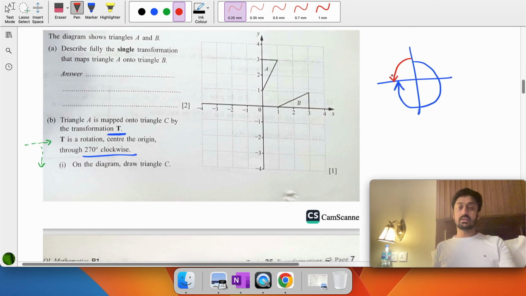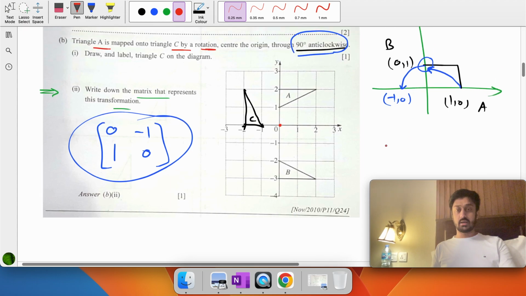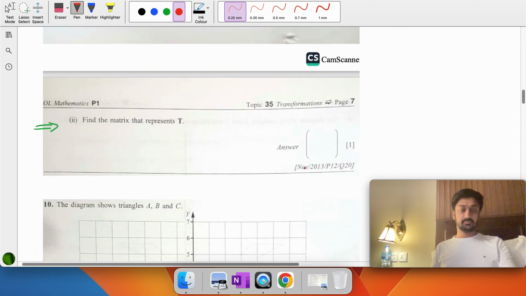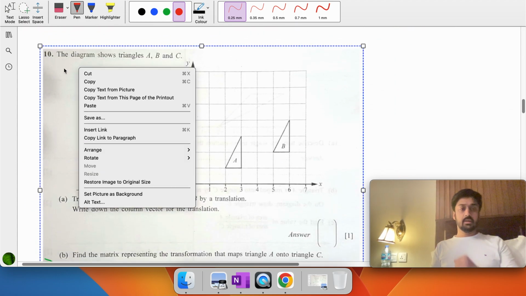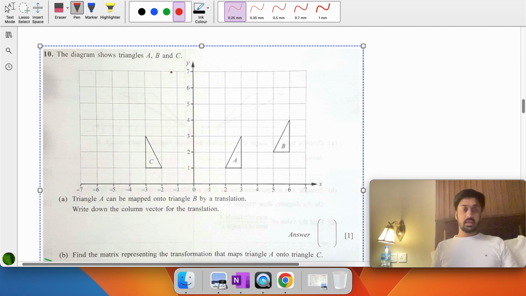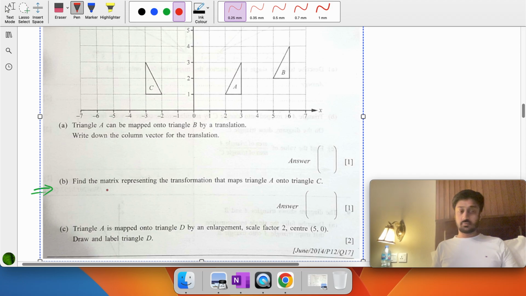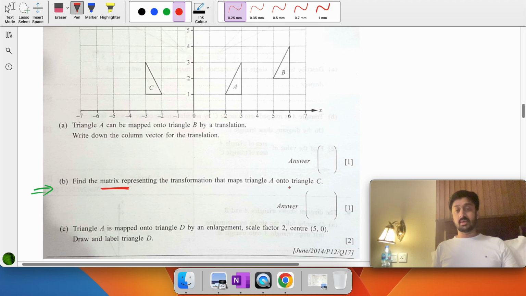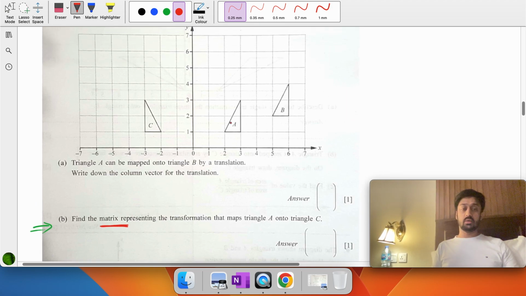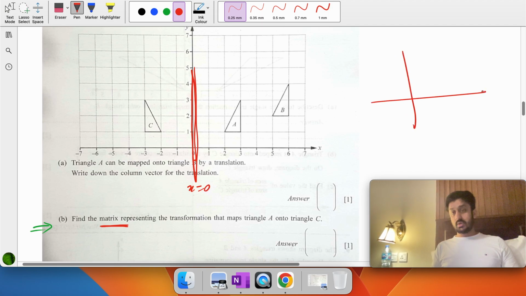We just did that, so I'm skipping that part. The diagram shows the triangles A, B, and C. These are the three triangles. So find the matrix representing, focusing only on the matrix part, the transformation that maps A onto C. Now A onto C, analyze that this is the reflection in the y-axis, or x equals 0.